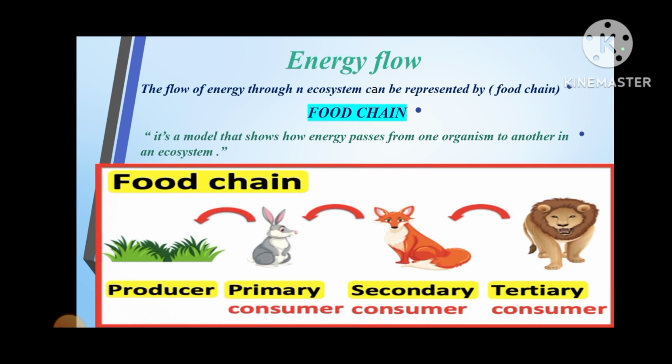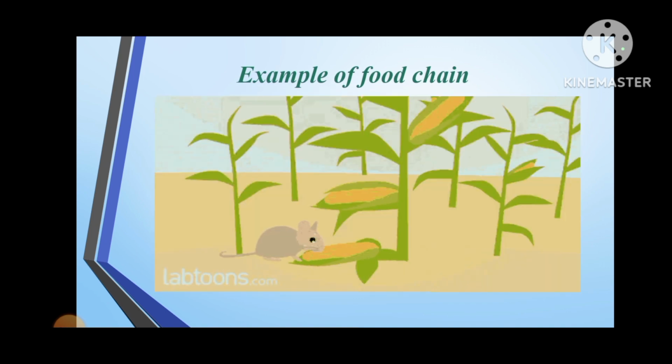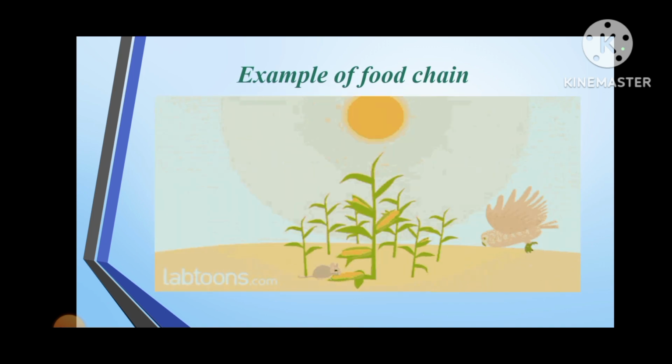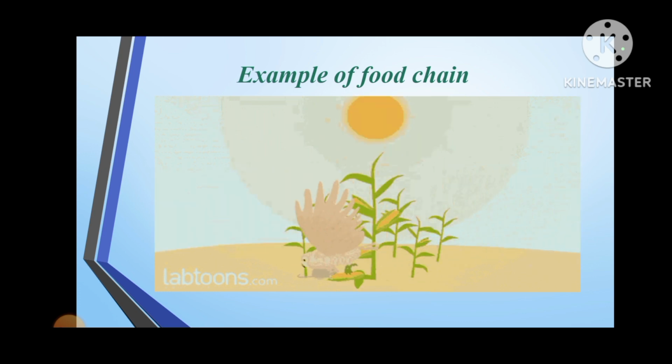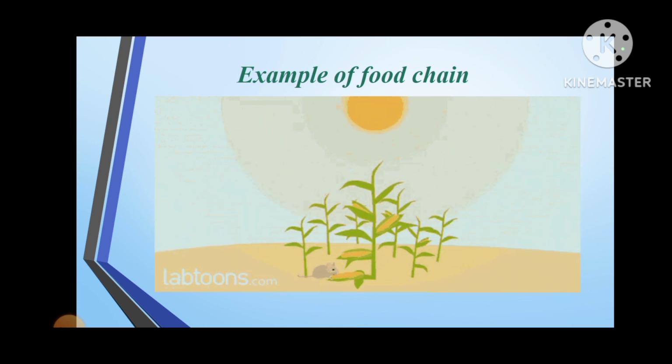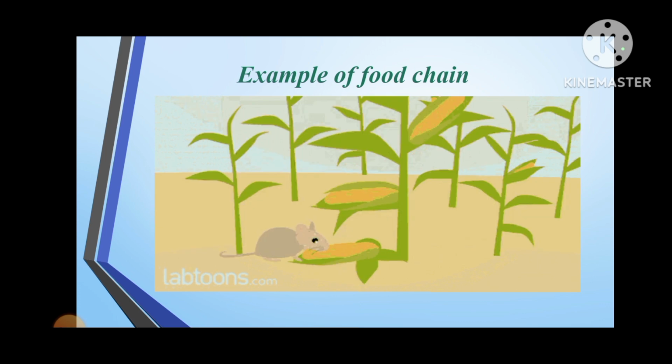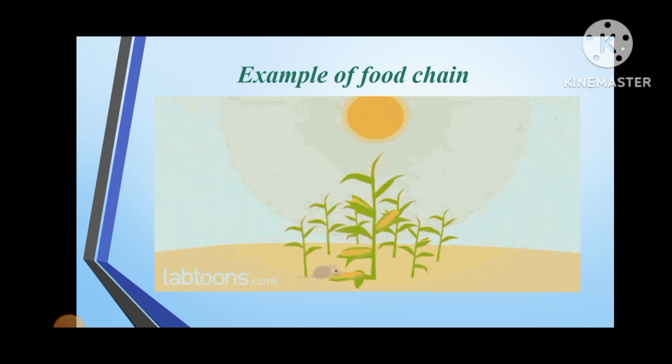For example, a mouse eats a plant producer, the mouse is a primary consumer, and the hawk is a secondary consumer. The energy of the plant that was taken from the sun goes directly to the mouse and then to the hawk.